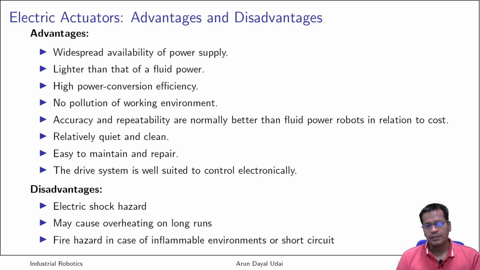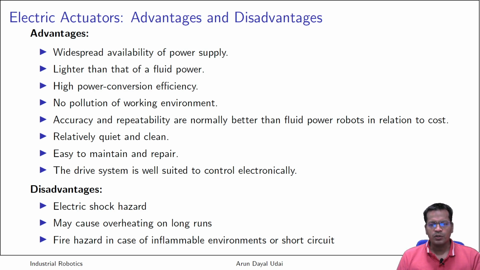Fire hazard, yes, it is there, because DC motors have commutators which continuously create sparks when the make and break happens. Those sparks cannot be used in inflammable environments. And let us say if it is a painting environment, a painting robot, yes, it is a difficulty.